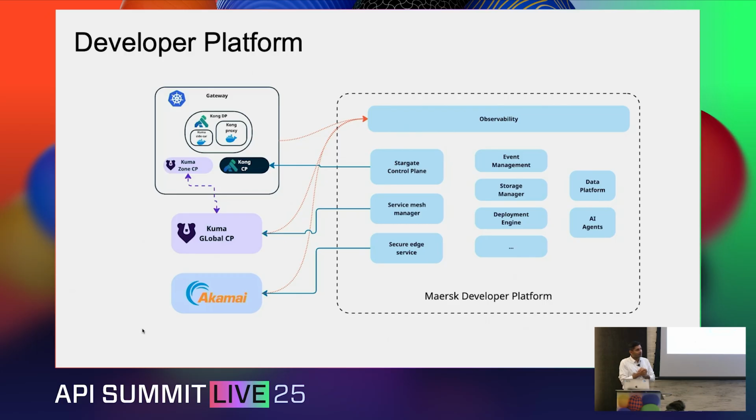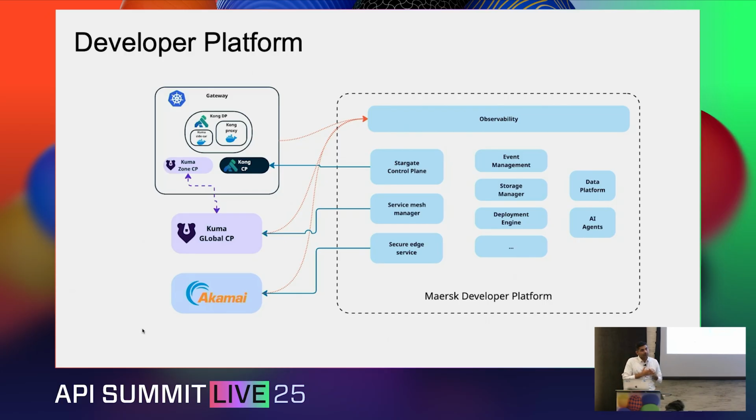So we have developed a developer platform which takes care of all these complexities, so that our developers at Maersk can focus on building solutions for the business, leaving the infrastructure related things at our side.